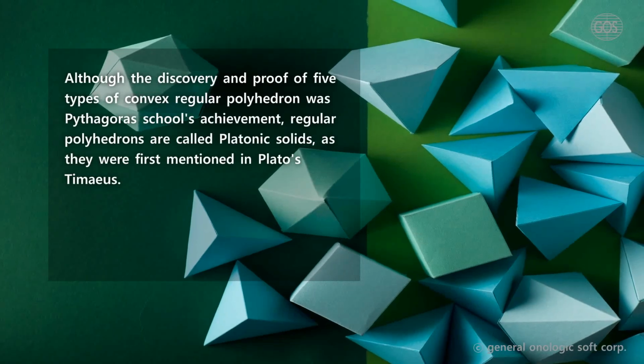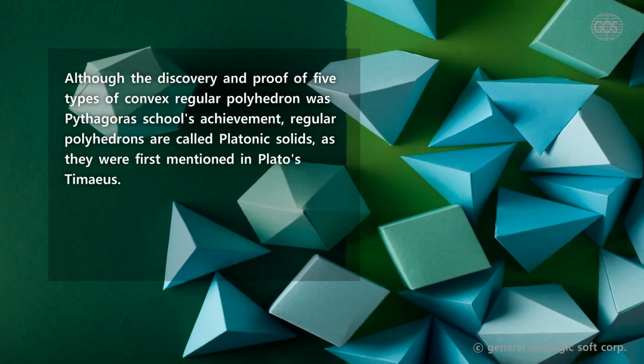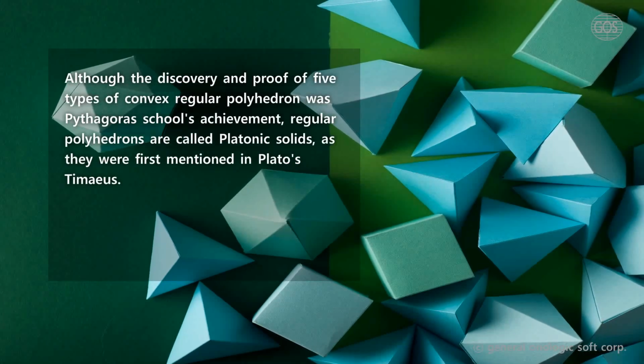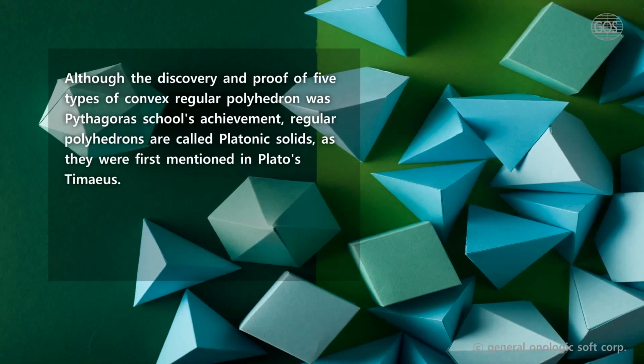Although the discovery and proof of 5 types of convex regular polyhedron was Pythagoras' school's achievement, regular polyhedrons are called Platonic solids, as they were first mentioned in Plato's Timaeus.